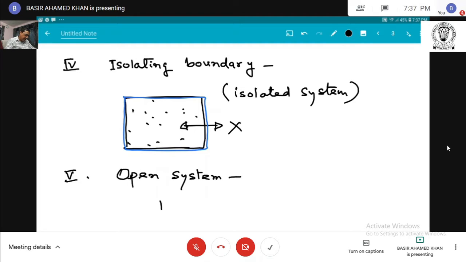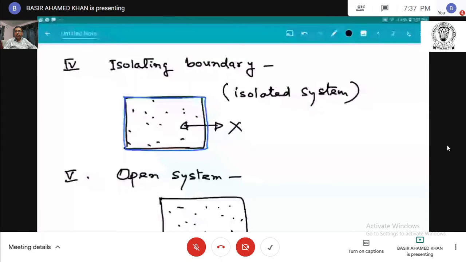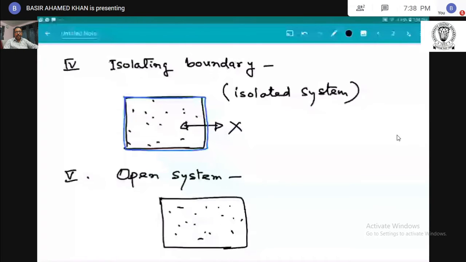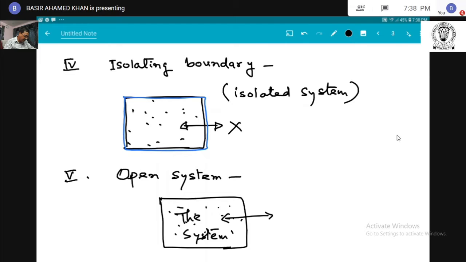That means if a thermodynamic system and the wall is such that, open system: if the boundary of the system permits exchange of matter and energy between the system and the surrounding, this is the thermodynamic system, and this is the surrounding.